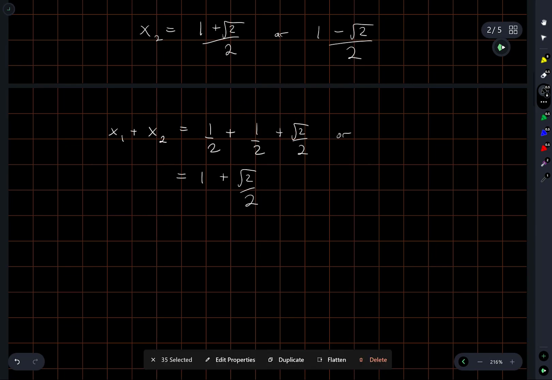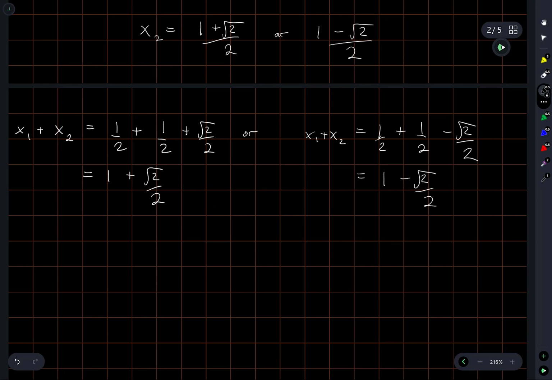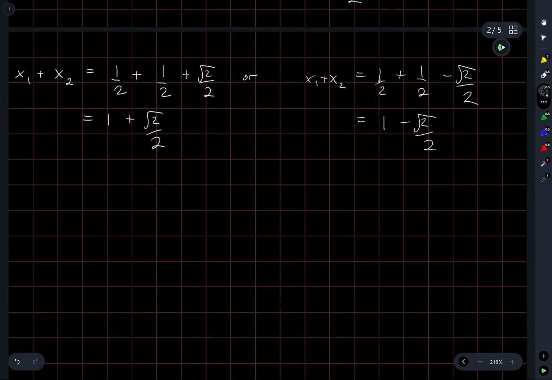Or, if I use the other value for x2, we get 1 minus root 2 over 2. Now let's compute the sum of the squares. 1 over 4 plus, it's going to be a little bit messy, but that's okay.